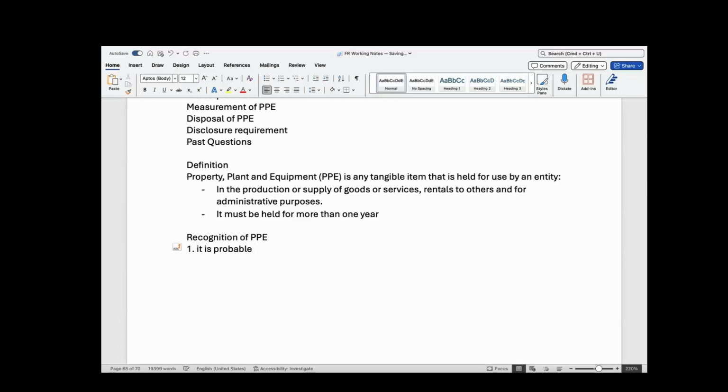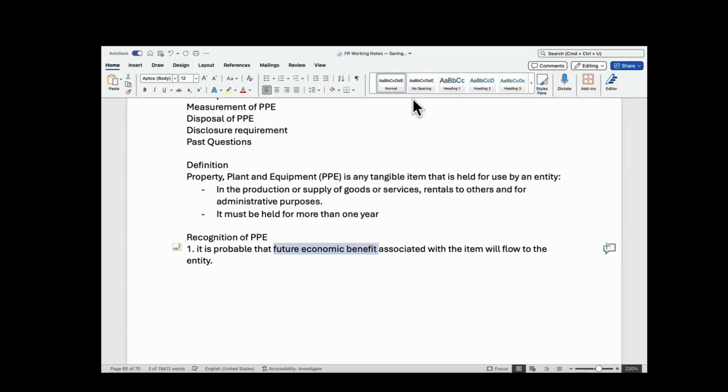It must be probable that future economic benefits associated with this item will flow to the entity. So future economic benefits.